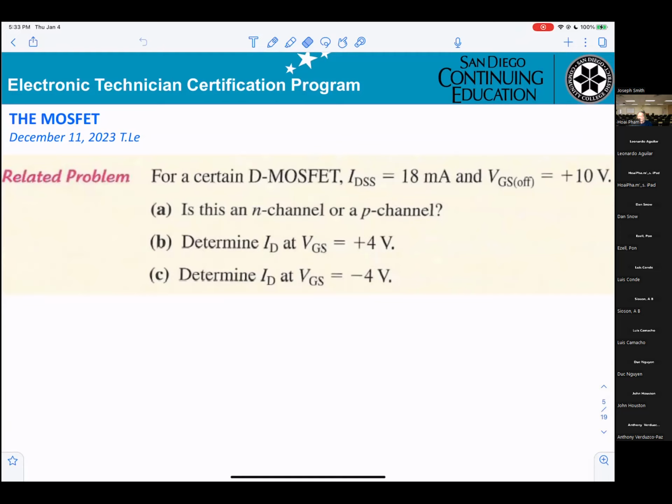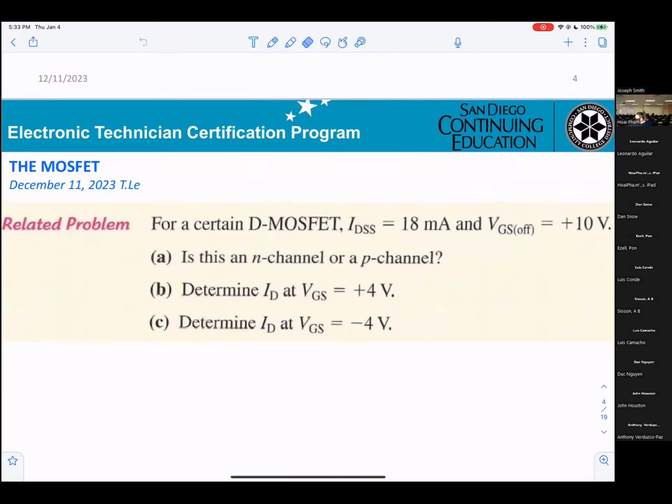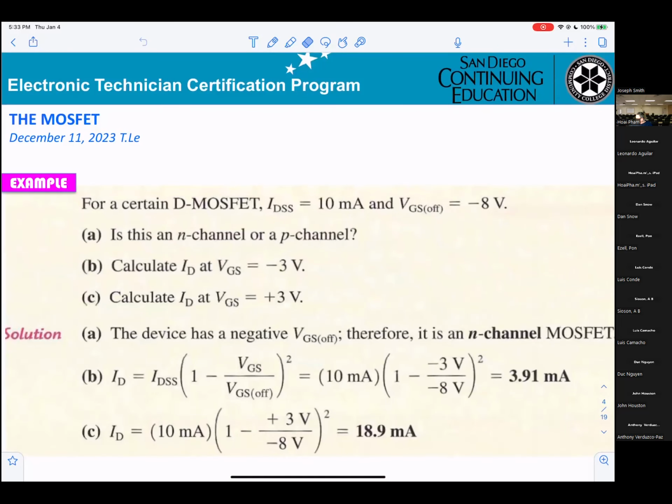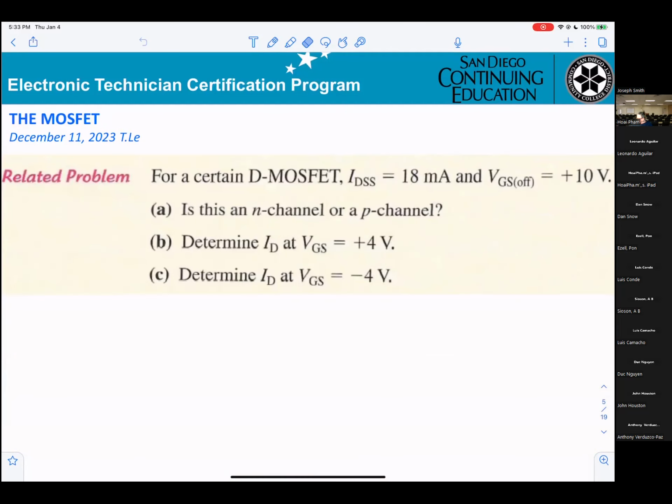The other one, they already gave you the solution here. If you answer the first one, is it N channel or P channel? Can you tell me? P channel. How do we know? Positive. Exactly, VGS off is positive. That's very good.